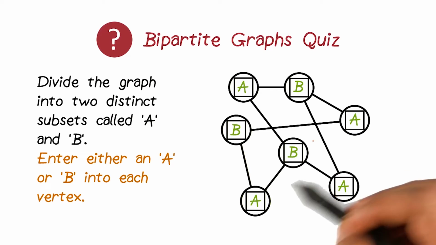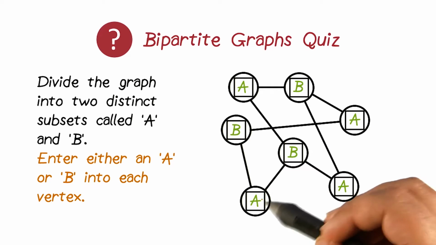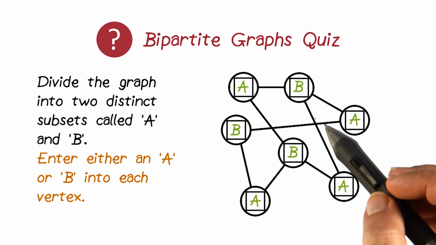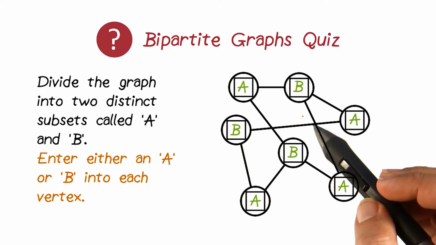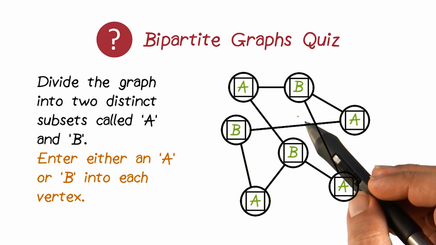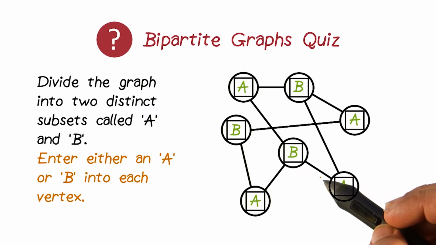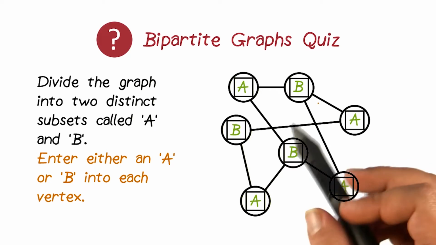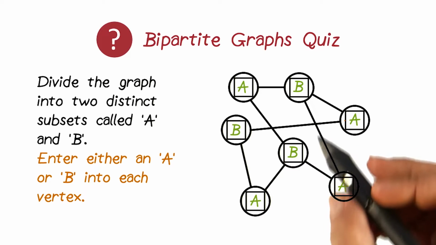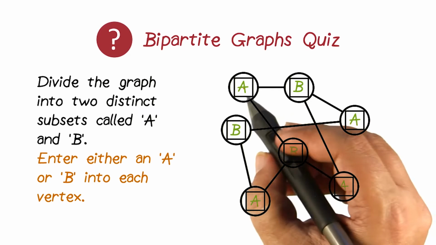B's neighbors both are in A's, A's neighbors both are in B's, and so on. Since we are able to do such a labeling that when there is an edge between two nodes, they are in two different partitions, and cover all the edges, with no edge left out here, this graph is a bipartite graph.